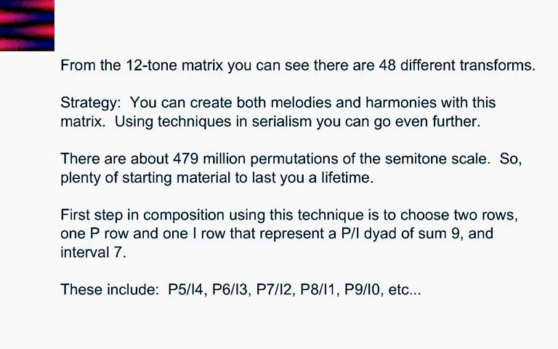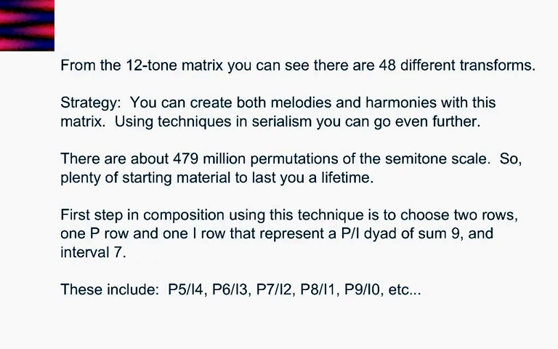In other words, rows when they're lined up, each vertical set of numbers adds up to 9. And in our case, that's achieved actually by horizontally using intervals, perfect fifths, which is 7 semitones. So we call that interval 7.